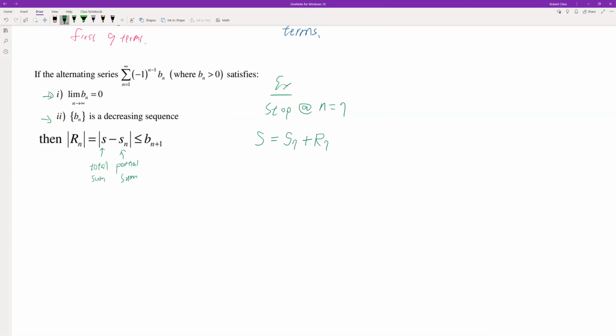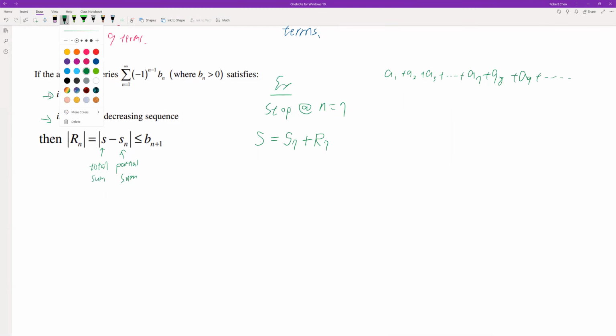That is, A1 plus A2 plus A3 plus up to A7, plus A8 plus A9 plus and so on.